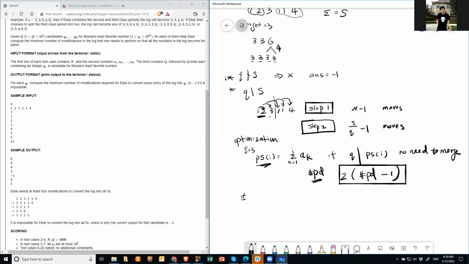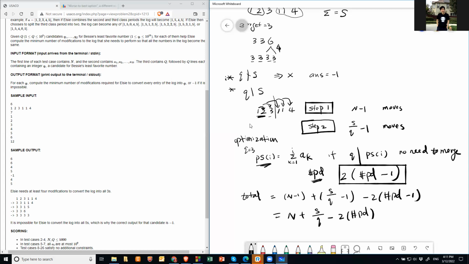So basically the total is n minus 1 plus s divided by q minus 1, minus the thing I don't need to do, the number of P's that are divisible by Q minus 1. So that is n plus s divided by q minus 2 times the number of PD. Right? That's my answer. Okay.